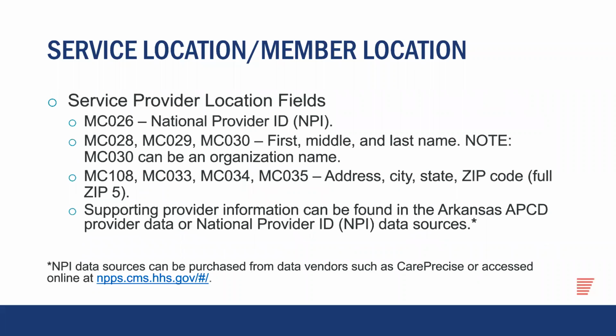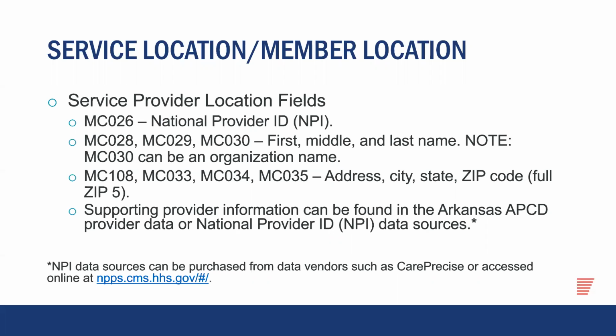So in the claims, the service provider fields are listed here. You have the NPI. You have either the first, middle, and last name, or if it's an organization like a clinic or a hospital, MC028 and MC029 should be empty, and MC030 should be the name of the entity.